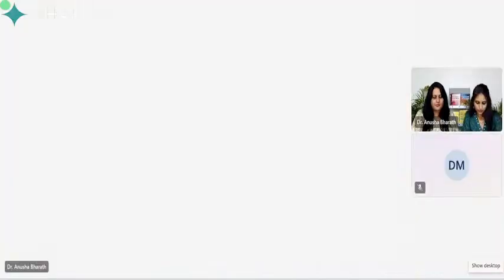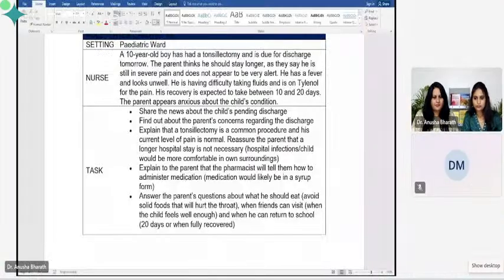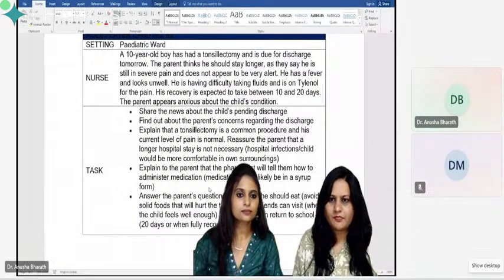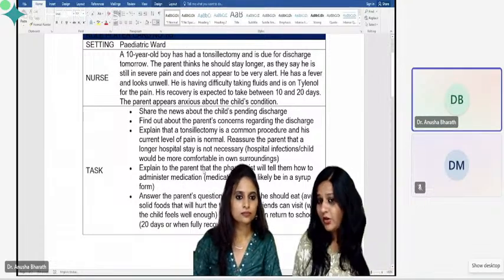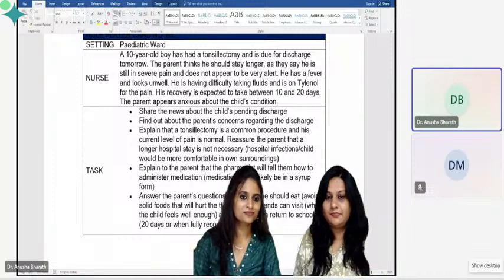You can drop in your queries here in the chat box. We hope that the screen is visible.